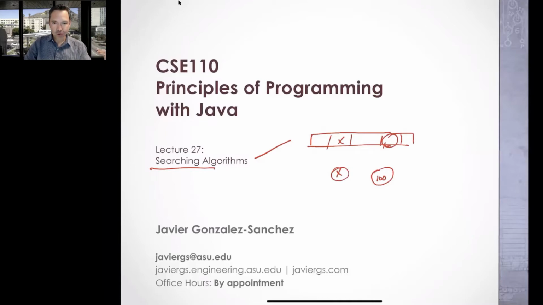We're not going to view any new topic today. What we're going to do is put together things that you already know with a common goal. Today, the common goal is searching, but all the elements that you need in terms of programming, in terms of Java language, are things that you already know, but putting things together.